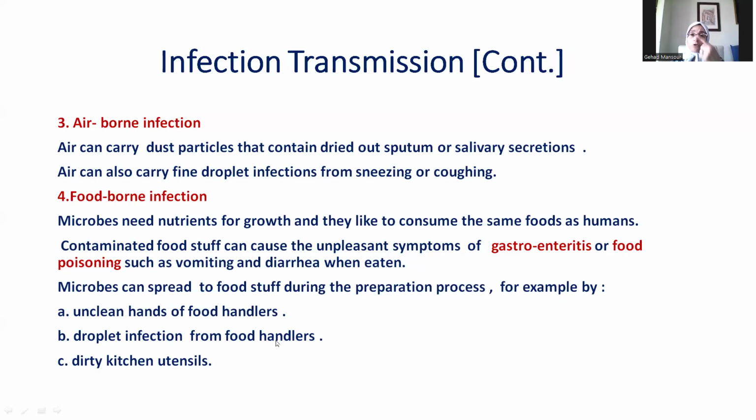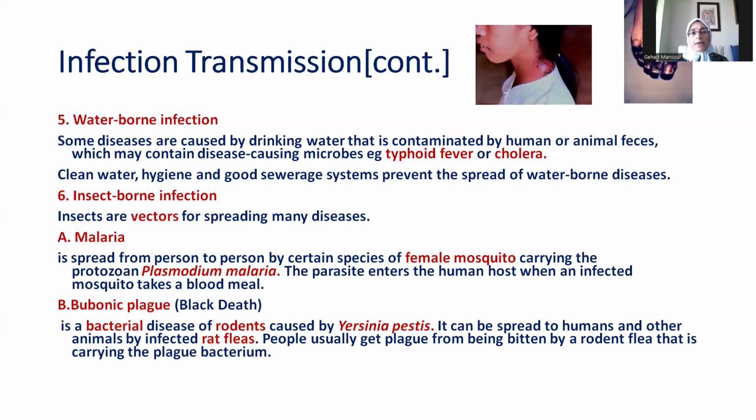Or it might be a droplet infection. A food handler might contaminate food not through his hands, but through coughing or sneezing onto food or onto the water they serve you, without taking the necessary precautions to protect the food or the water, and, as we have just said, from unclean kitchen utensils.